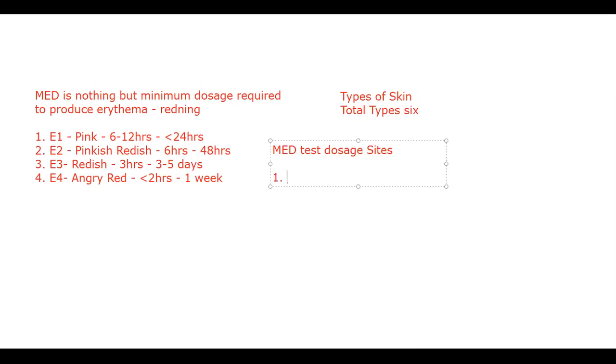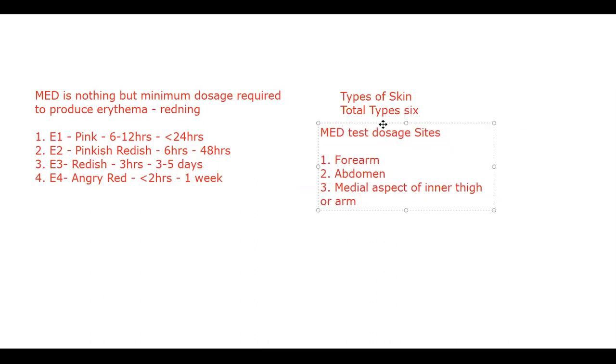The first is the forearm, second is the abdomen, and third is the medial aspect of the inner thigh. So these are the MED test dosage sites.